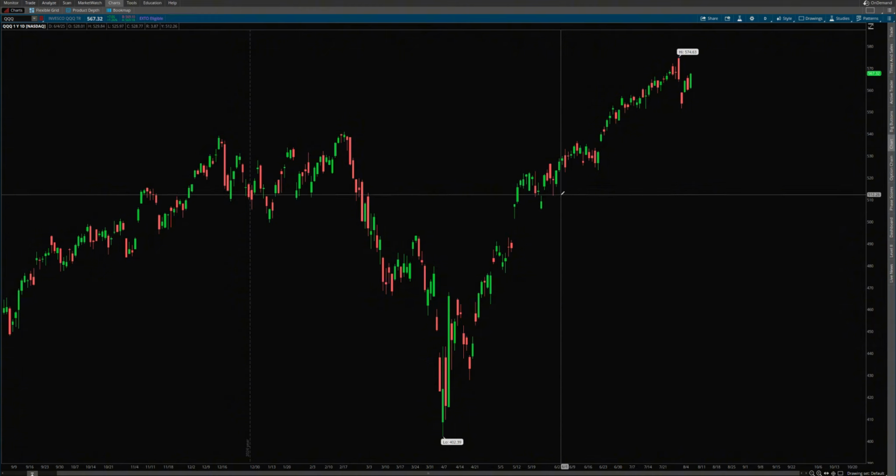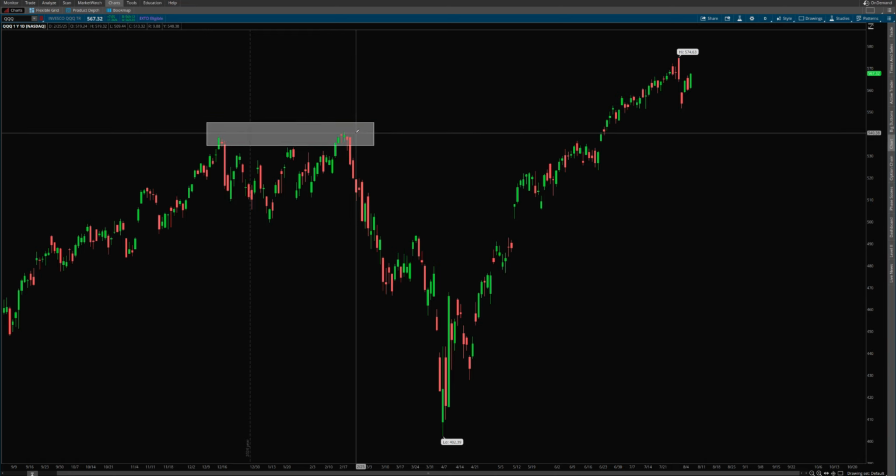So a good example, I guess, might be you go on this chart, say you're looking here on QQQ at about the 540s level, where we obviously saw some resistance in this zone here, right?